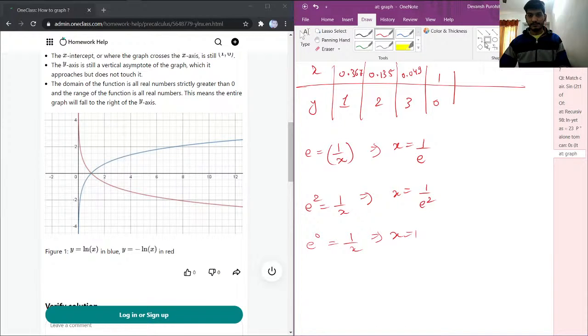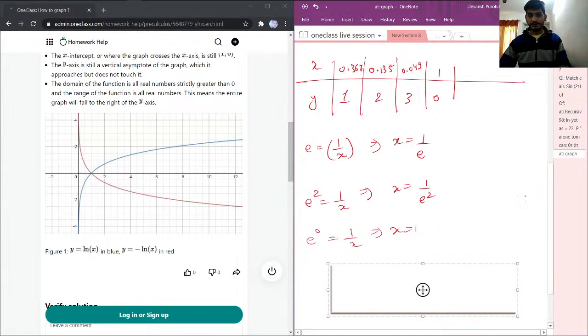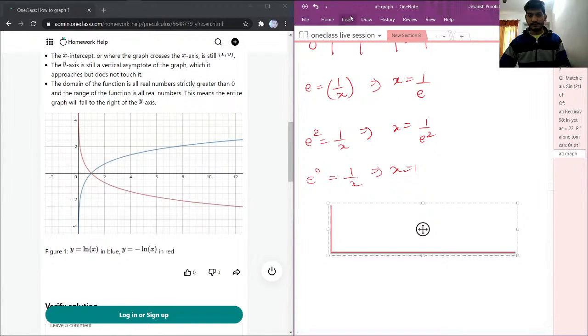So I will use this one first. Straight line. Let's just leave it like this.